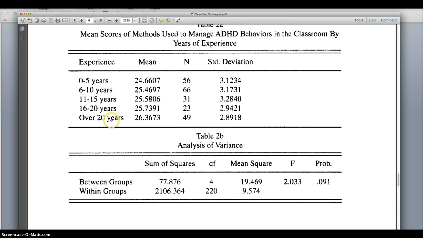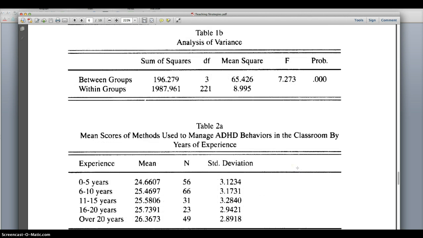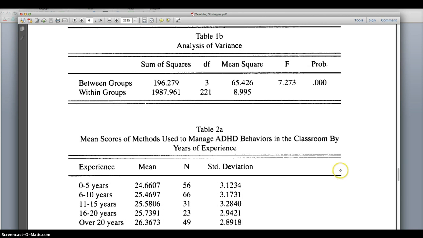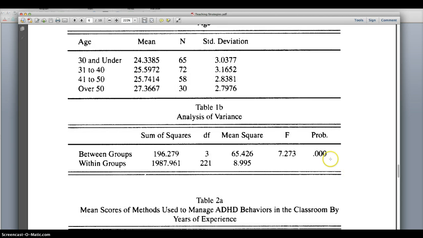So now we have 5 groups, there's 4 degrees of freedom. And based upon the scores that are provided, it appears that there's not a significant difference in terms of number of years of experience because this value is greater than 0.05. Again, going back up to the top, as opposed to here, where the value is less than 0.05.